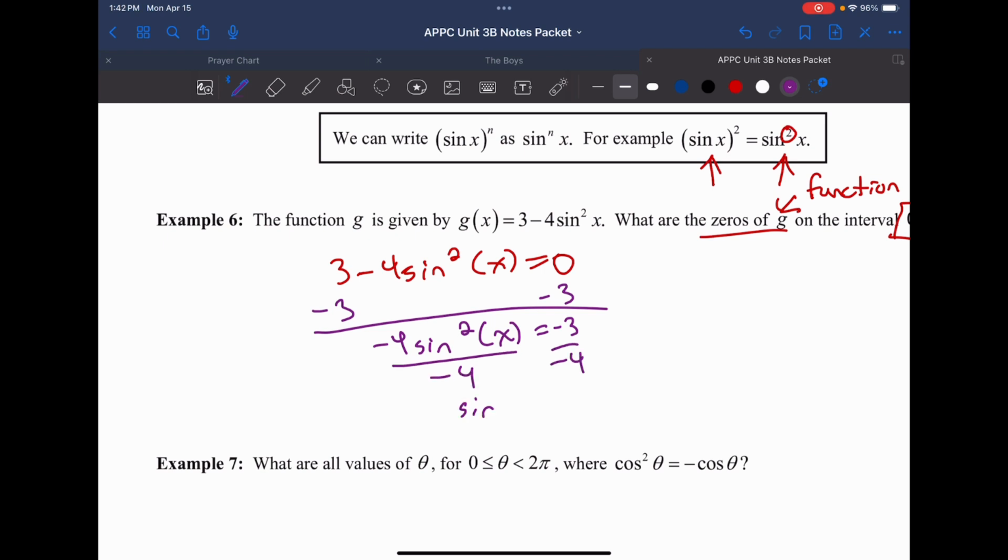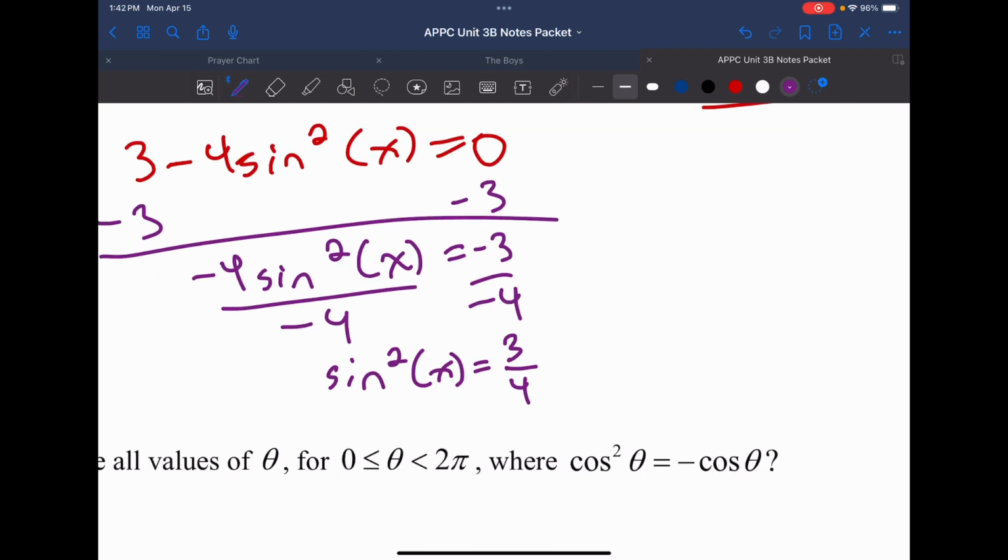I have sine squared x equals 3/4. And then I'm going to take the square root of this. When you take the square root of a fraction, that's the same as the square root of 3 over the square root of 4. You can take the square root of the numerator and denominator separately.